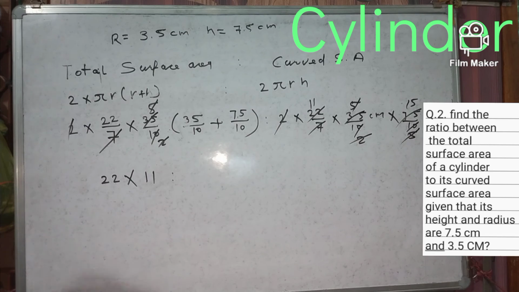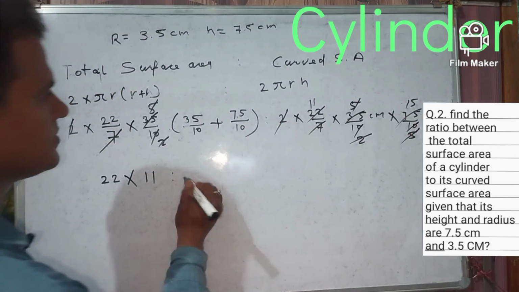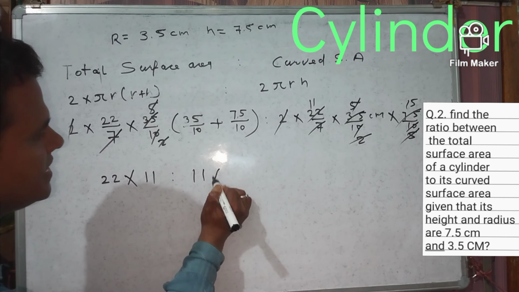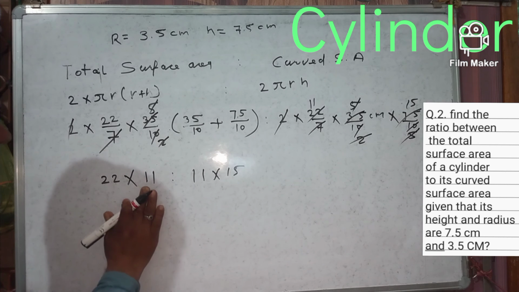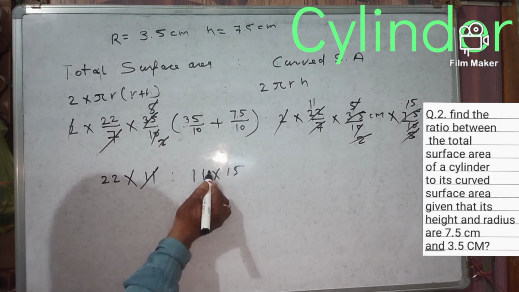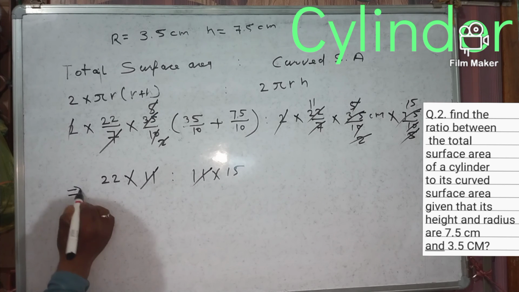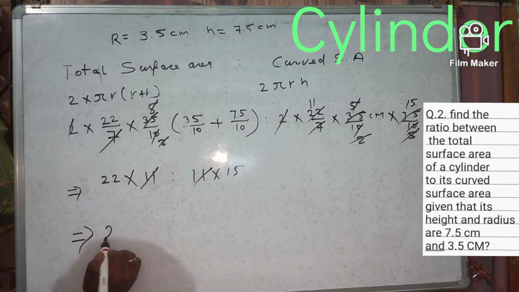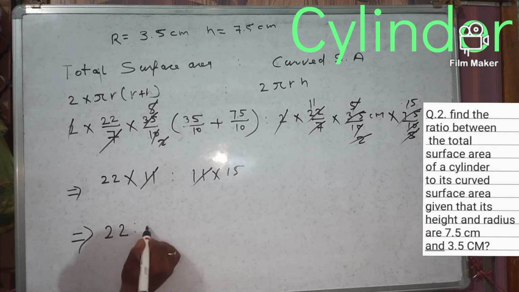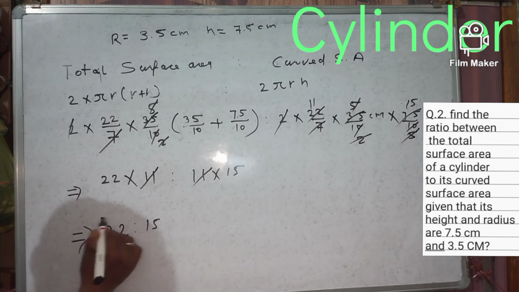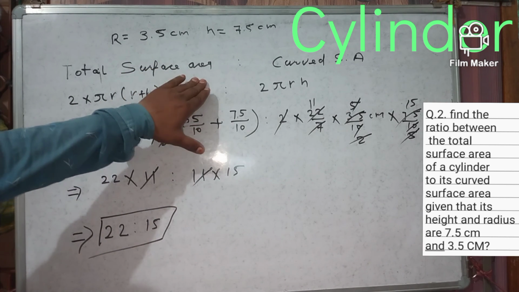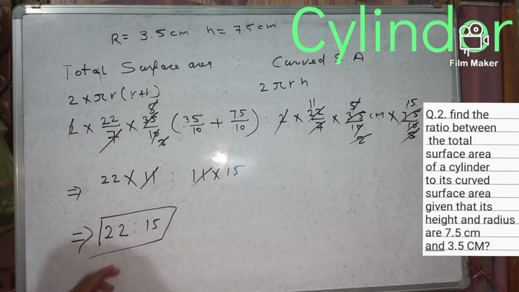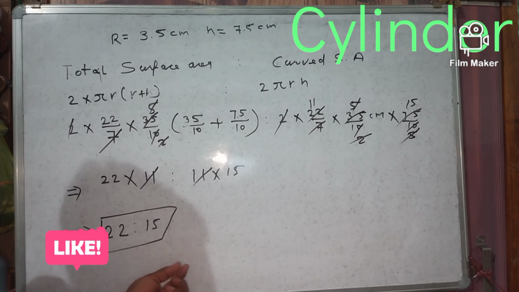So I think 11 into 15, 11 into 15. So now see here, 11 and 11 cancel, so ratio is 22 ratio 15. So this is the answer of this question. Total surface area and curved surface area ratio is 22 ratio 15. So this is the answer of this question, right?